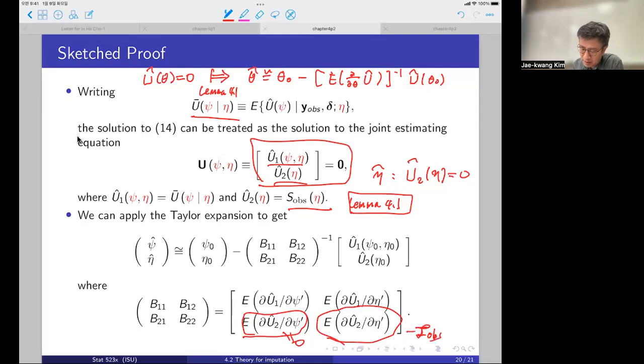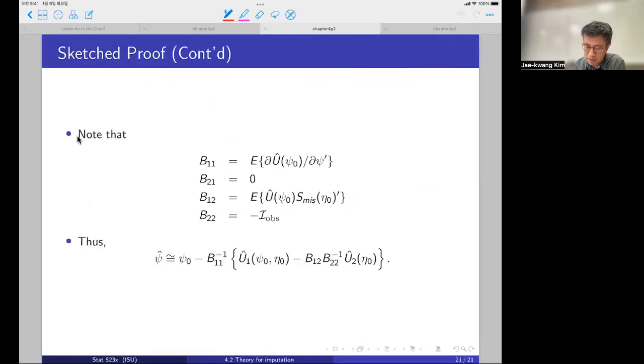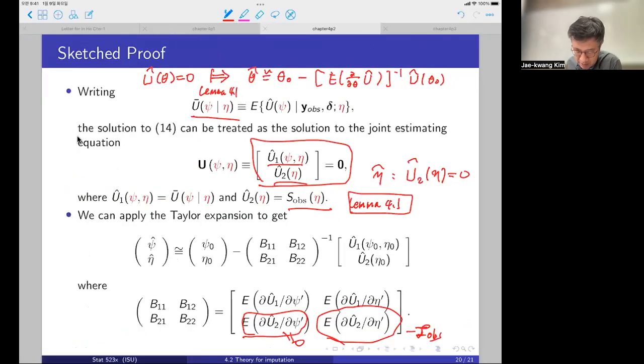So we cover this. And this is also easy: you are just computing the partial derivative with respect to psi, which is this one, and then taking the expectation. So that's basically the same.